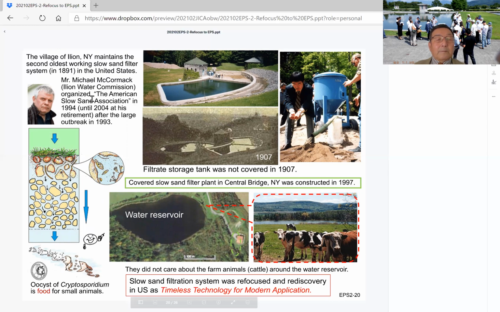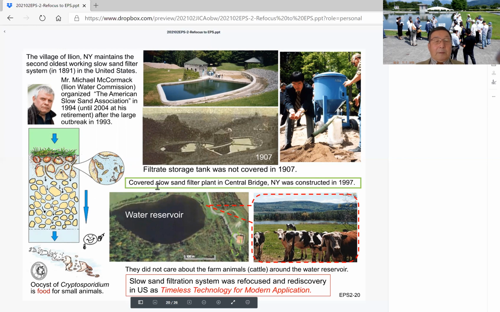Mike McCollum organized the American Slow Sand Association in '94. So I attend this American Slow Sand Association every year. This is the slow sand filter in Ilion.